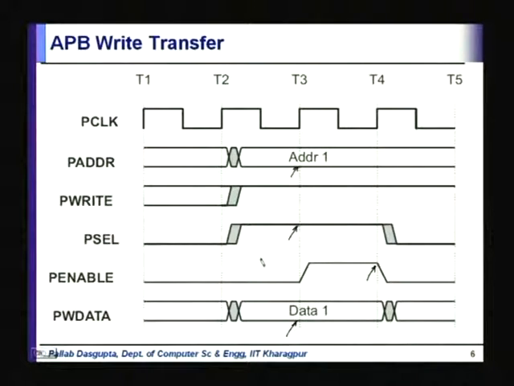No, this is not like PCI. See, in PCI the master waits for the slave to be ready. So there are signals like IRDY where the master waits for the slave to be ready, right. Here it is assumed that the slave will be ready, right, in the APB.